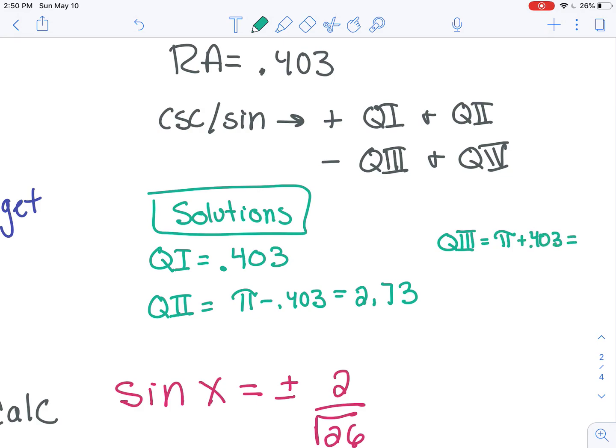My quadrant 3 solution is going to be pi plus 0.403, which gives me 3.54.